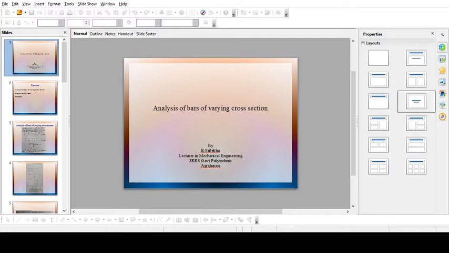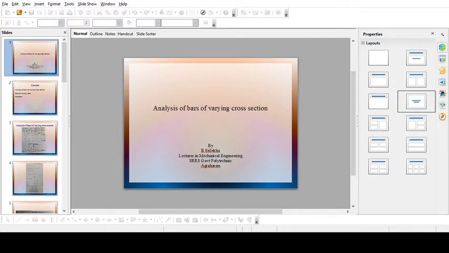That we are going to discuss today. So today's contents are analysis of bars of varying cross section, it means either decreasing or increasing diameter, that is something like the pieces obtained by making use of step turning operation.